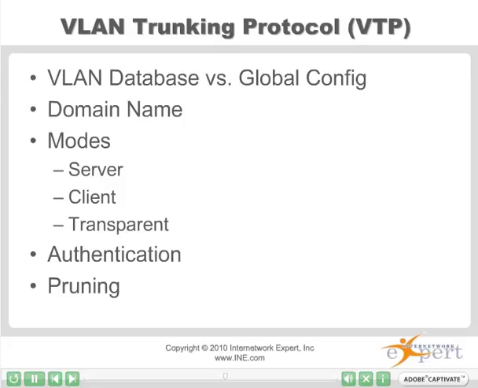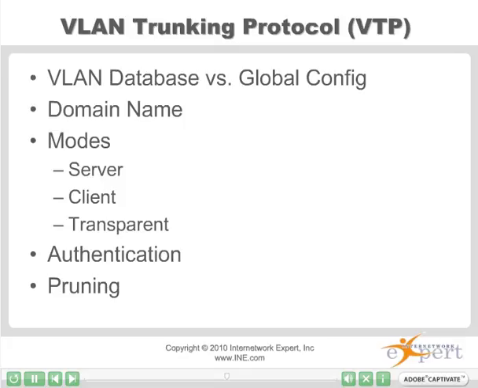But every device is in a domain called null, the nothing domain. So none of the VTP, none of the VLAN information is going to propagate. So if we create VLAN 1 on one of the devices, it won't propagate to any other device. It's not until we set the domain name that things start propagating.